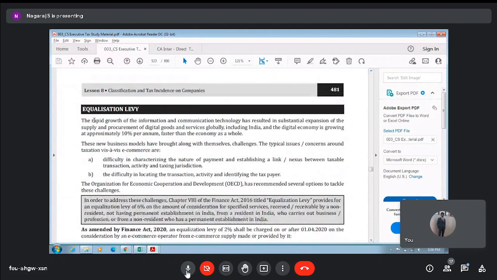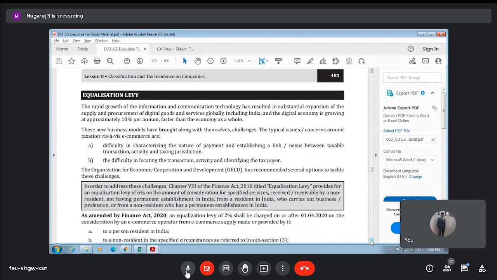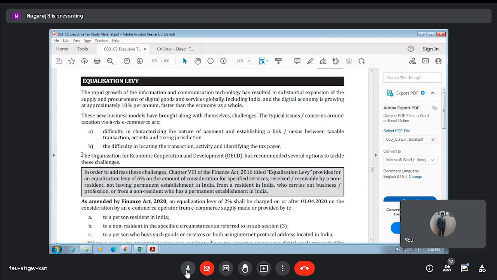Okay. This one, I think they have increased the percentage. The rapid growth of information and communication technology has resulted in substantial expansion of digital goods or services. If you advertise on any non-resident portal, an equalization levy of 6% on the amount of consideration. 6%.